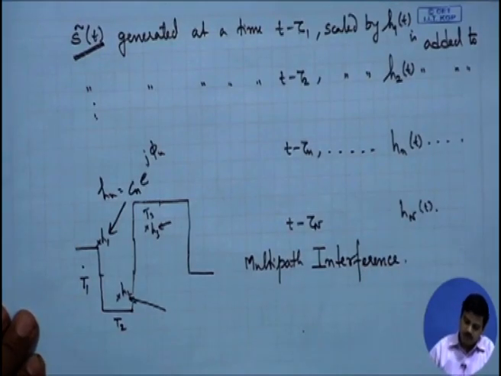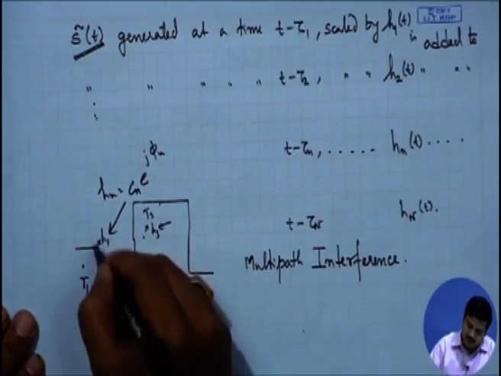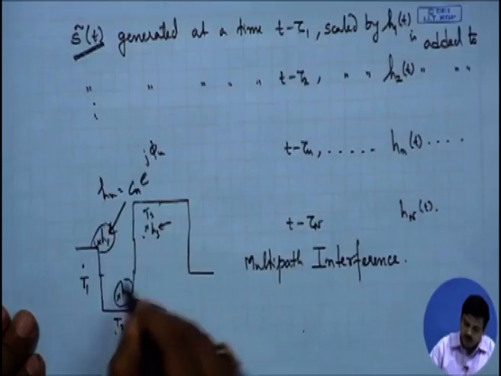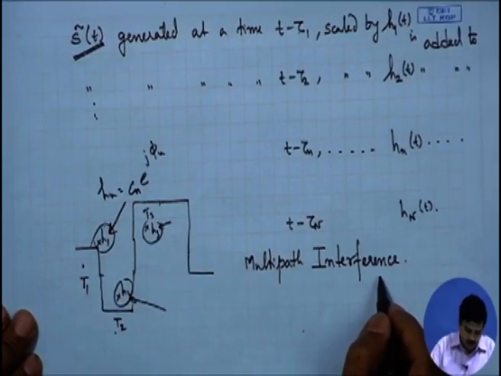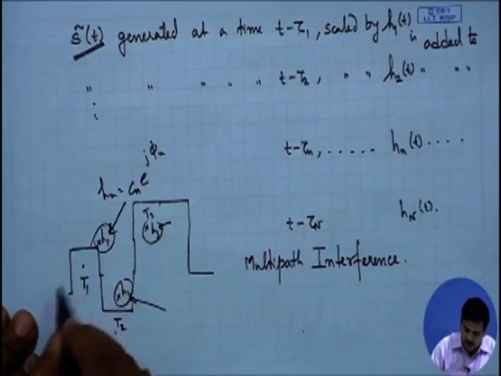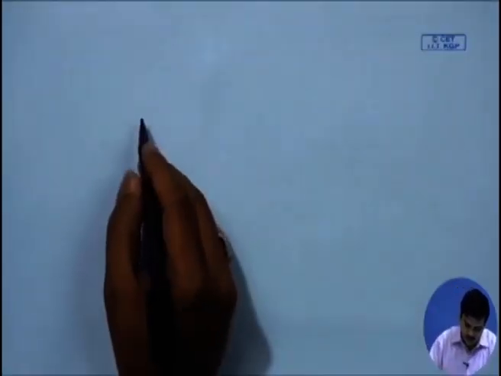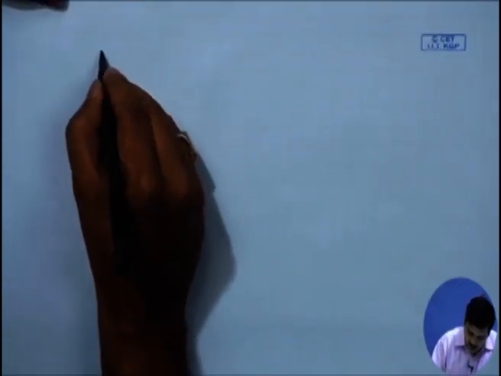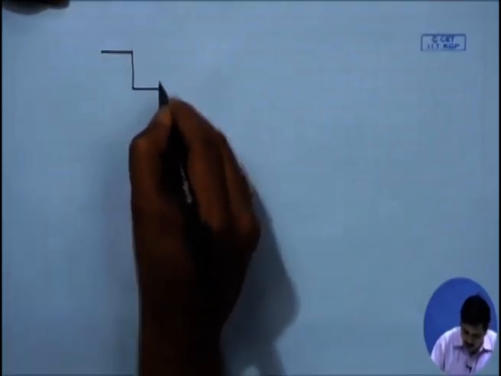So, what we have is signals from different delays scaled by appropriate path coefficients getting added together and mixed up. So, what we can see is that a clean signal which we have drawn over here will not appear in the same way at the receiver. We could draw another picture and try to look at what would happen. Suppose I have a signal sequence which goes like this.